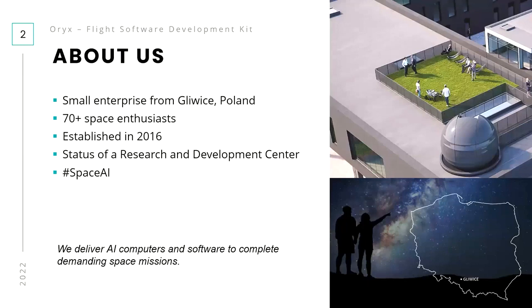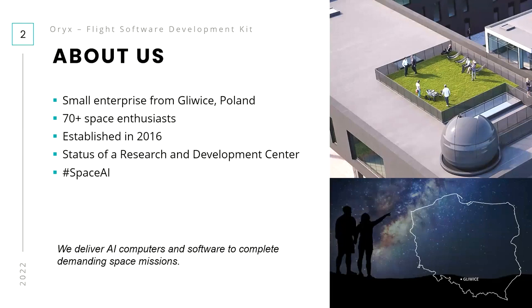KP Labs, we are a small company from Poland. We are located in Gliwice in a beautiful office building. Just 2 days ago we moved in, where we have many facilities, many labs that help us do what we do, create space missions.